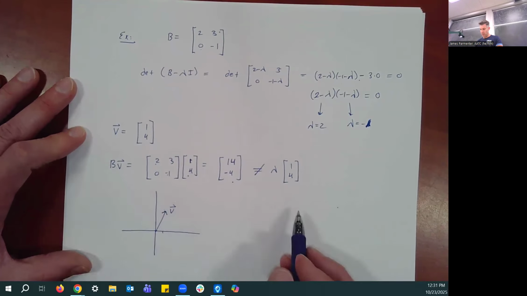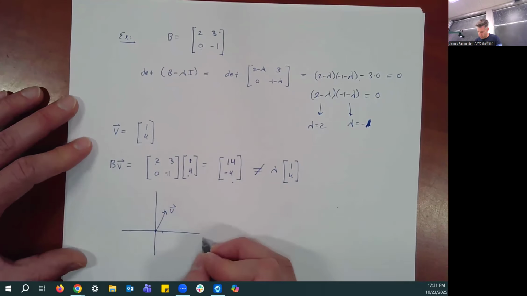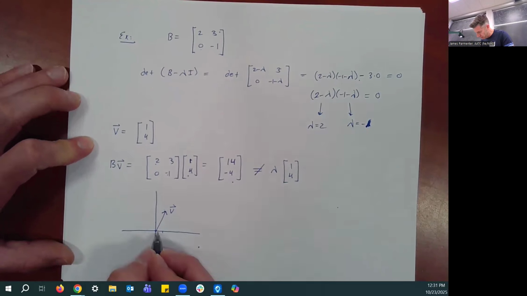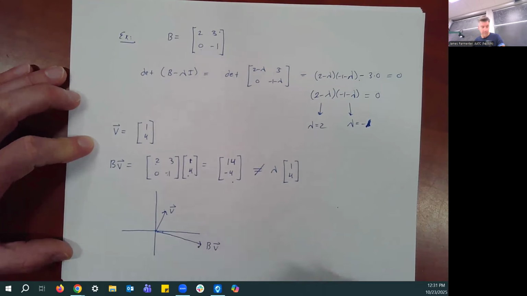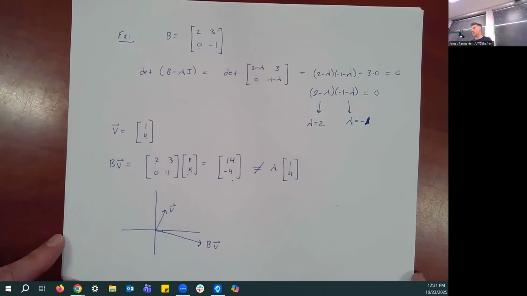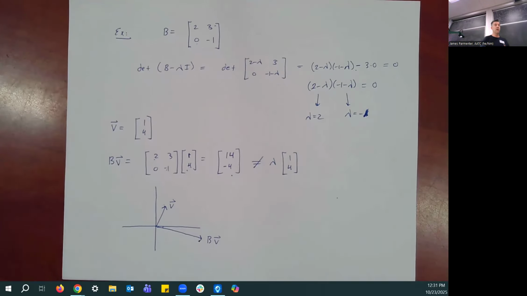And B times v, which is over 14 and down 4, points vaguely in this direction. All this just to say that typically, when you multiply a matrix by a vector, the resulting vector usually doesn't point in the same direction. Unless it's an eigenvector. What makes eigenvectors special is that when you multiply the matrix by the eigenvector, the resulting vector does point in the same direction.